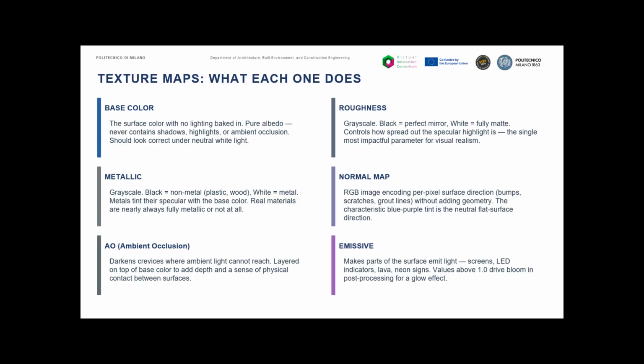It also allows you to perceive more depth in the actual materials. Then we have emissive, which makes part of the surface emit light independently of what's illuminating it, like screens, neon signs, LED indicators, and so on.